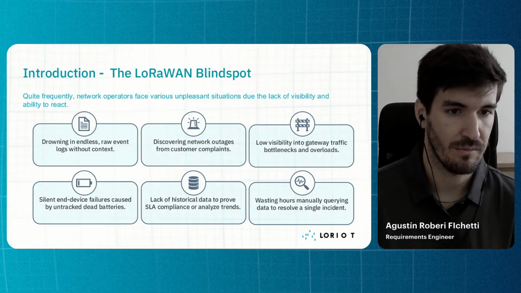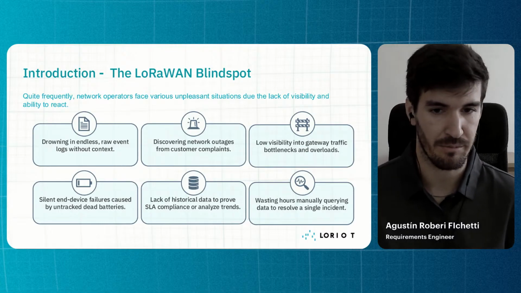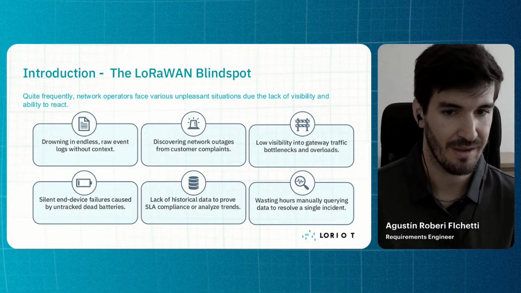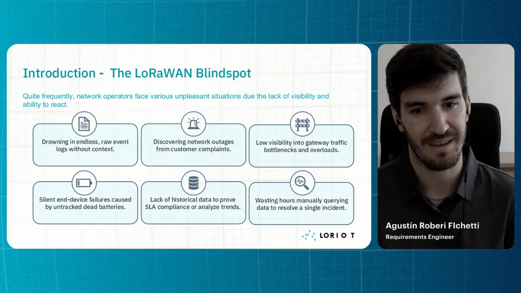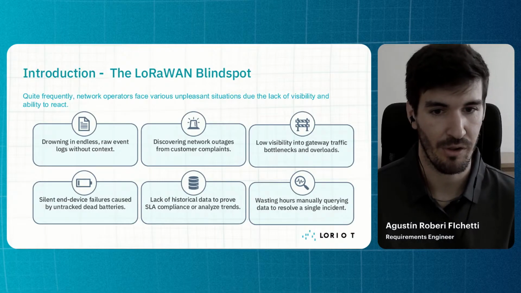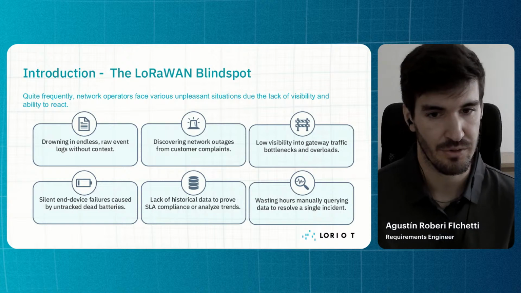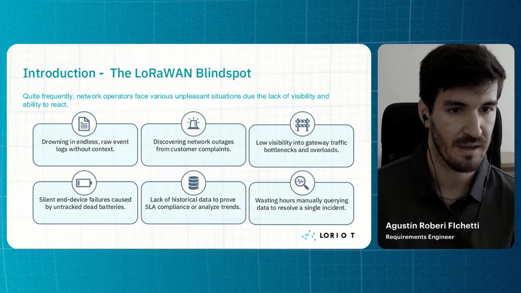And of course, the result of all of these issues and many other issues that I'm not mentioning here, which is, I think, the highest cost of all, is wasting hours manually analyzing and querying data to try to resolve a single incident.